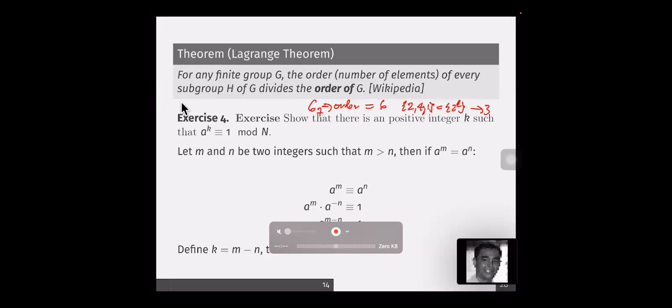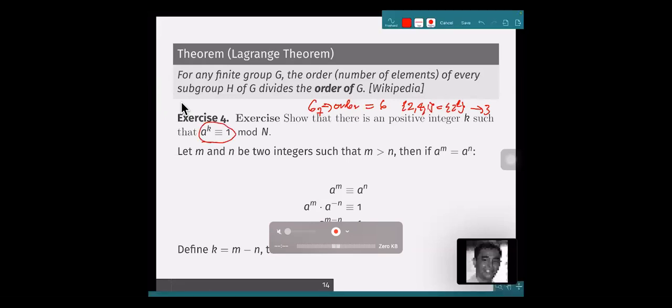Now this is very important in understanding the RSA. Now there's an exercise here. It says, are you sure that you have a number k so that when you raise the number a to the k modulo n, it will give you a remainder of 1?